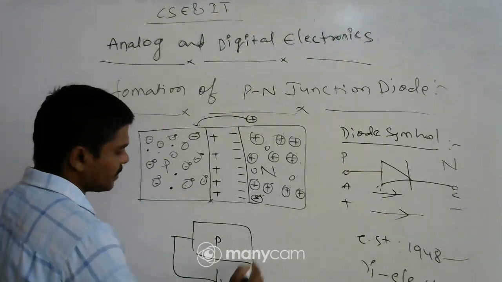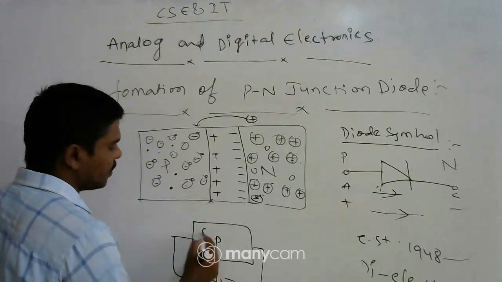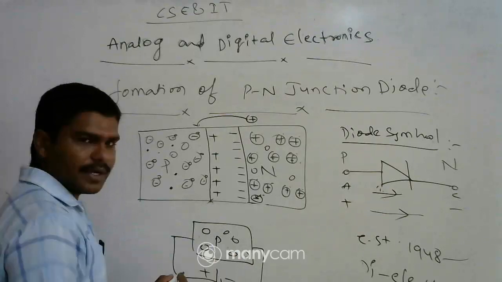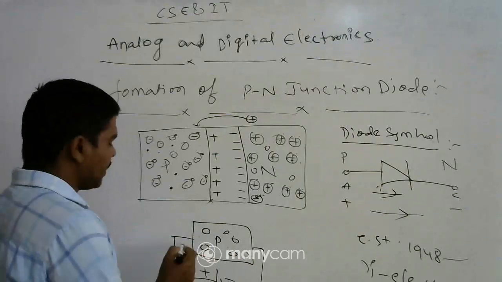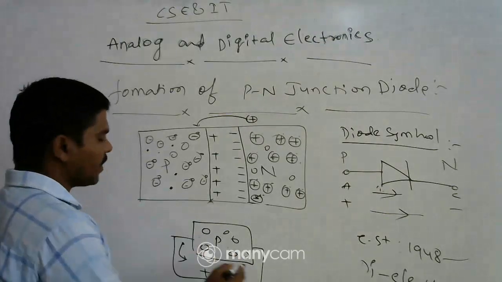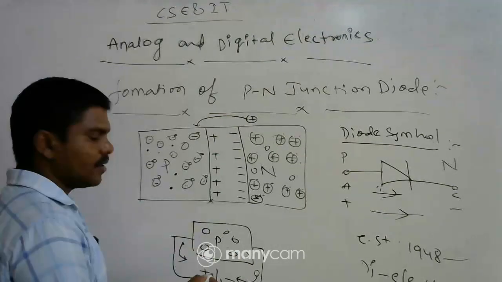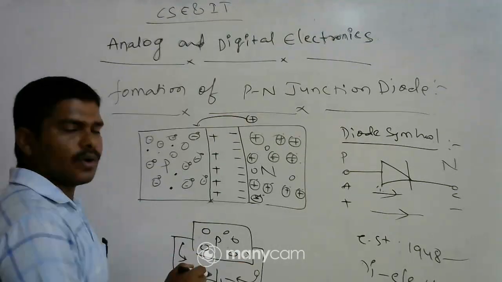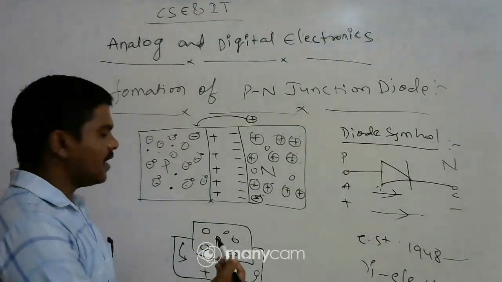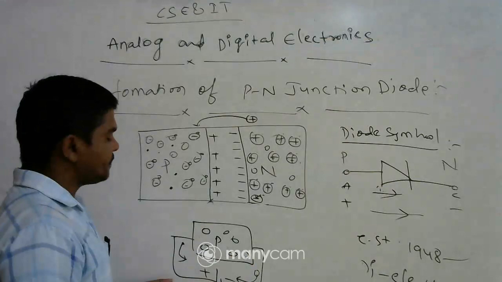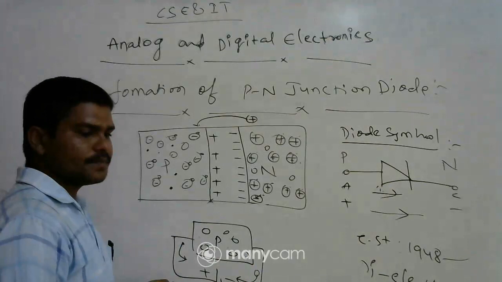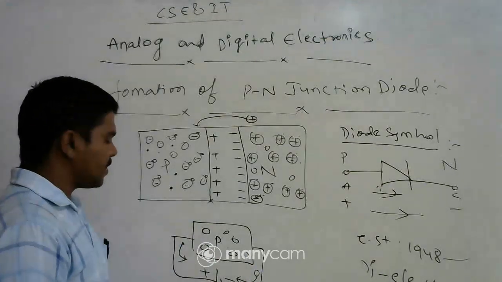If you apply bias like this, positive and negative, the P region has holes as majority carriers and electrons as minority carriers. Electrons are attracted to the positive side because the electron charge is negative, and holes are attracted to the negative side because hole charge is positive. Unlike charges attract each other and like charges repel each other. So this is P-type material conduction when you apply the bias voltage.